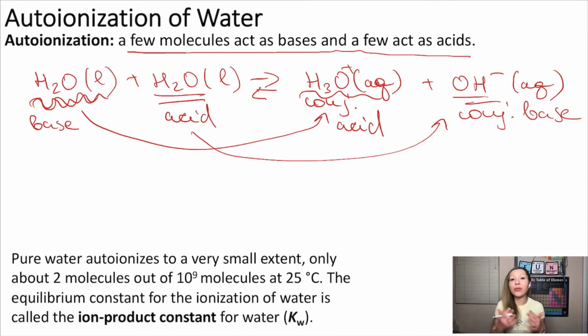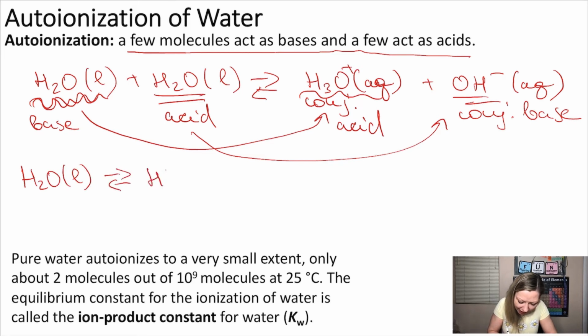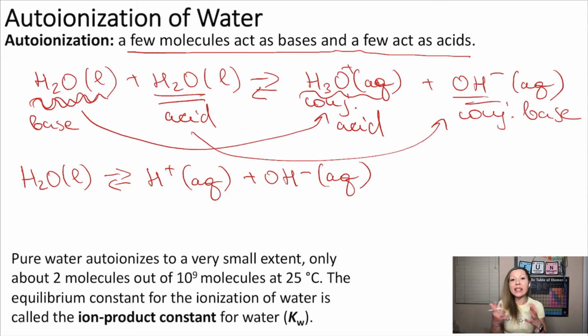Now we can rewrite this expression in a different way using only one water molecule, where we would have H2O liquid giving us H+ ions, which are aqueous, plus OH- aqueous ions. So this is the same expression, only with one water molecule, showing the autoionization of water.